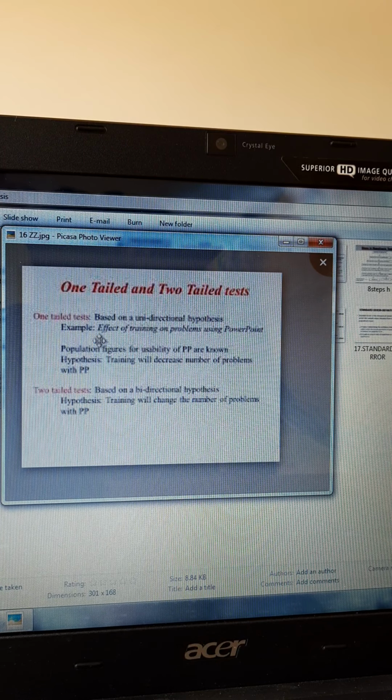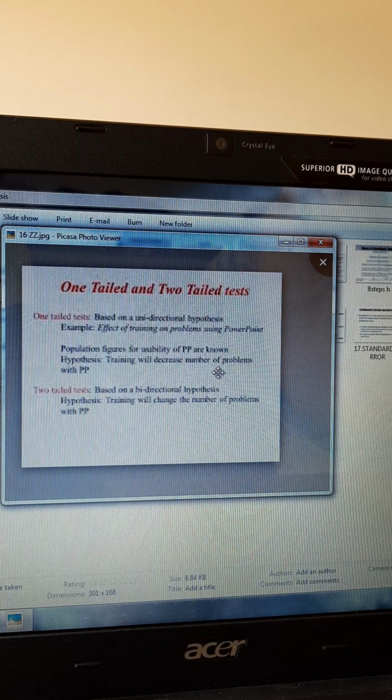Again, some more examples. Based on a unidirectional hypothesis, the effect of training on the problems using PowerPoint. So what is your hypothesis about the usability of PowerPoint?